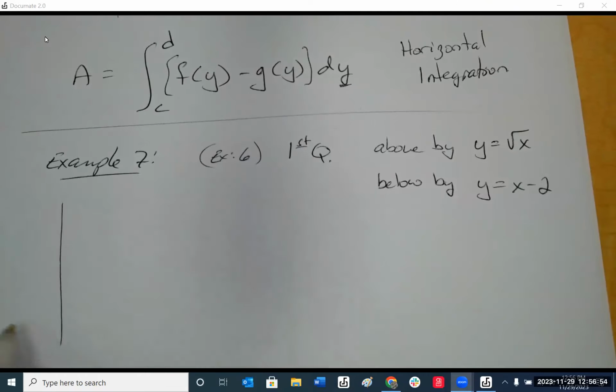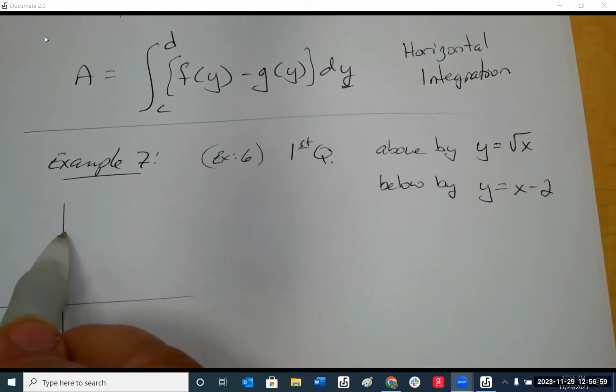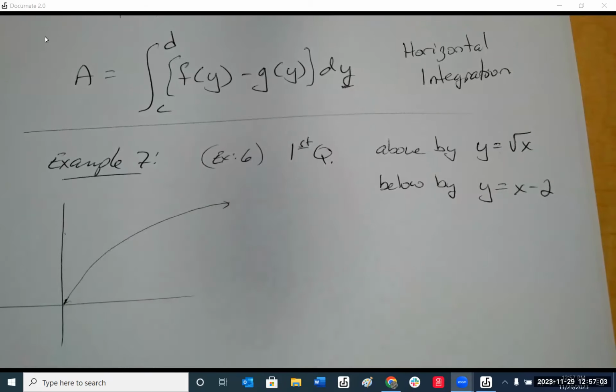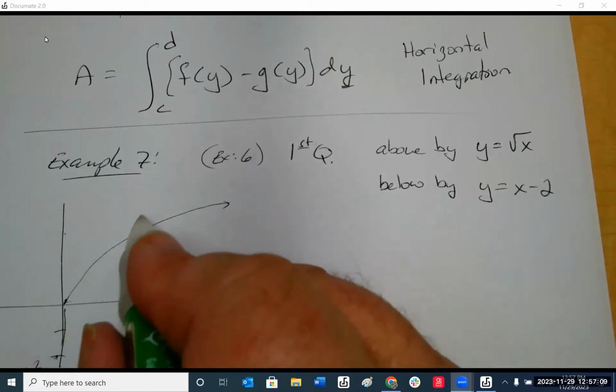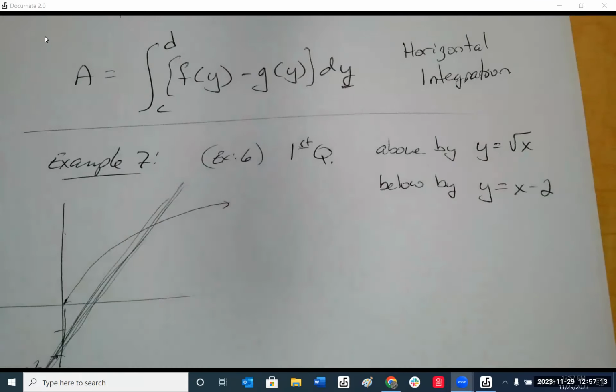So let's look at that graph. Radical x looks like this. x minus 2 looks something like this.